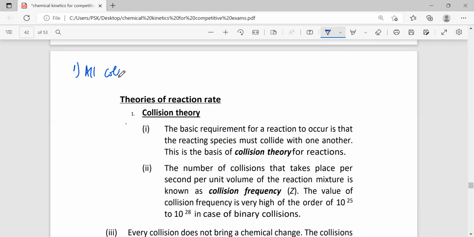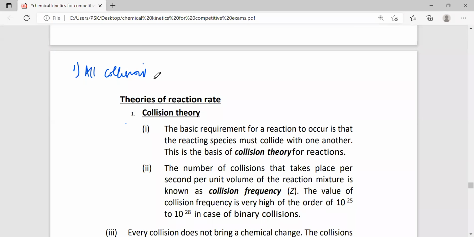All collisions are not fruitful. When I say all collisions are not fruitful, it means all collisions are not effective, that is, they will not lead to the formation of the product.